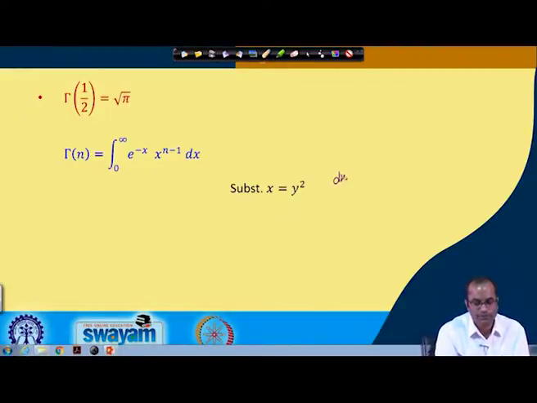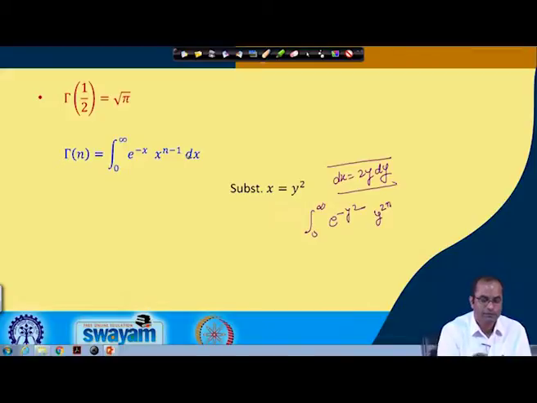The dx will become 2y dy. The limits will remain the same. So, we will have 0 to infinity e power minus y square, and this x power n minus 1 will be y power 2n minus 2, but dx is again 2y dy.